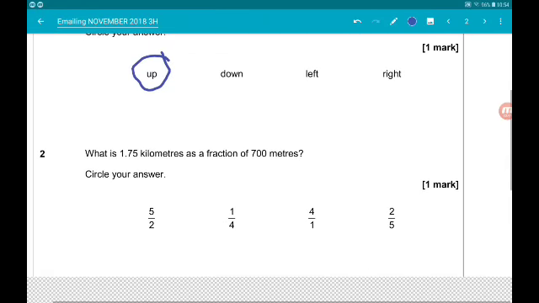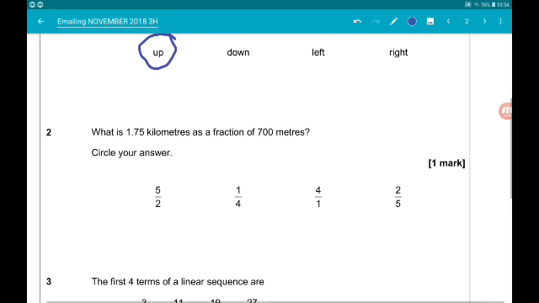Question 2. What is 1.75 kilometers as a fraction of 700 meters? Okay, so when you want a number as a fraction of the second number, it's the first number over the second. Now the problem we have here is different units.